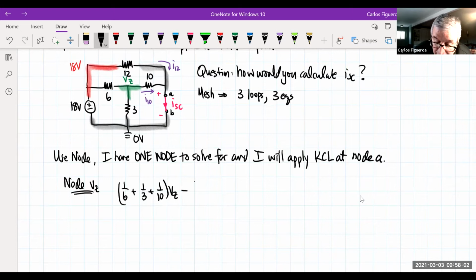And then I have 1/6 times 18. I pull it to the other side, I get this. Dude, that can't get nicer than that, can it? So if you calculate that, you're going to get VZ equal to 5 volts.